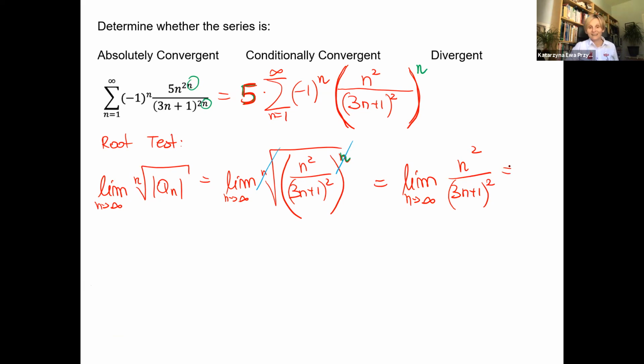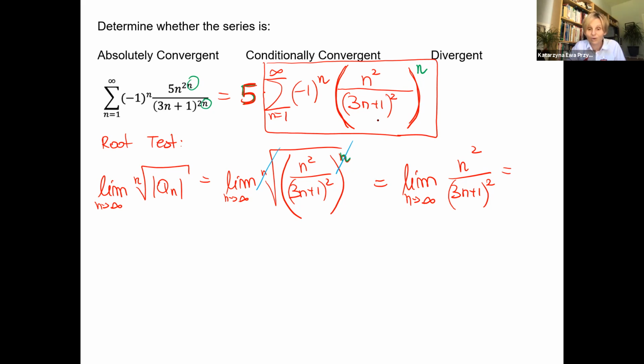Please tell me the limit is, if we will keep that 5, but let's not keep this 5. I will just focus on that. Multiplying 5 times something finite, it will be still convergent. That constant 5 is not affecting.